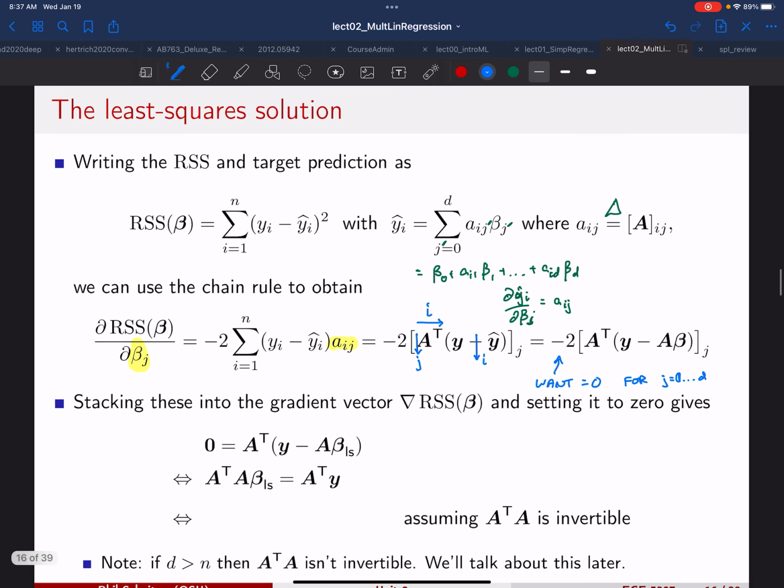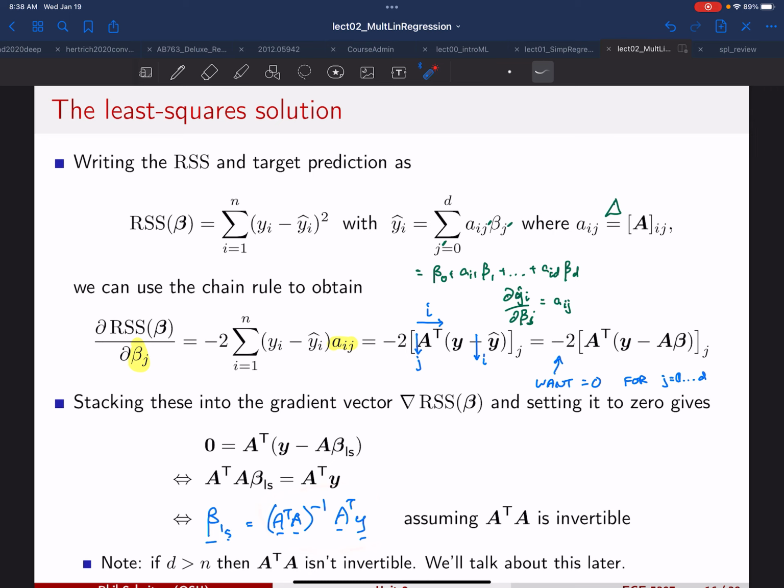When I do that, I cancel the A transpose A on the left, and I get A transpose A inverse A transpose Y on the right. So multiplying both sides by A transpose A inverse cancels this one, leaving beta least squares, and it produces this on the right side.